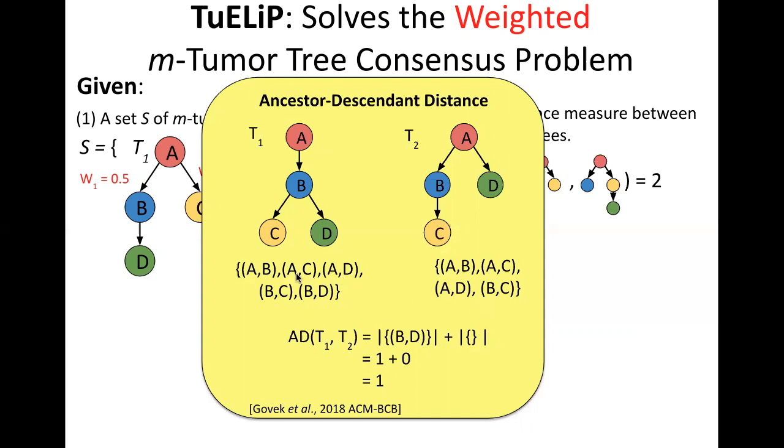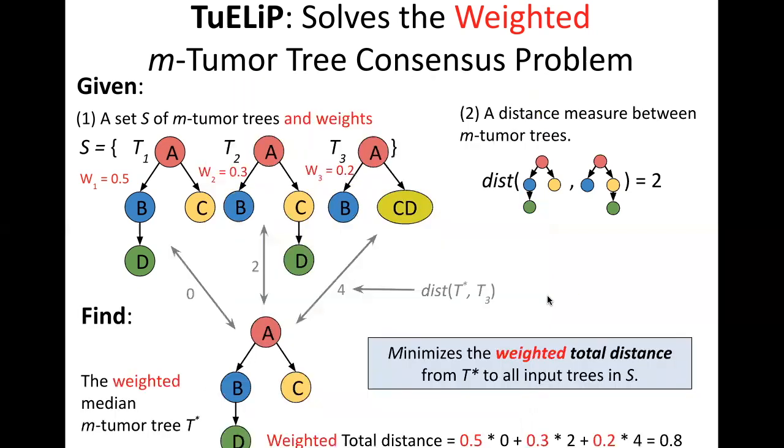For example, the only difference here is that B to D is not represented in the second tree, so the distance is 1. For the output, we aim to minimize the weighted sum, and we're trying to find a median tree that minimizes the weighted distance to each input tree.